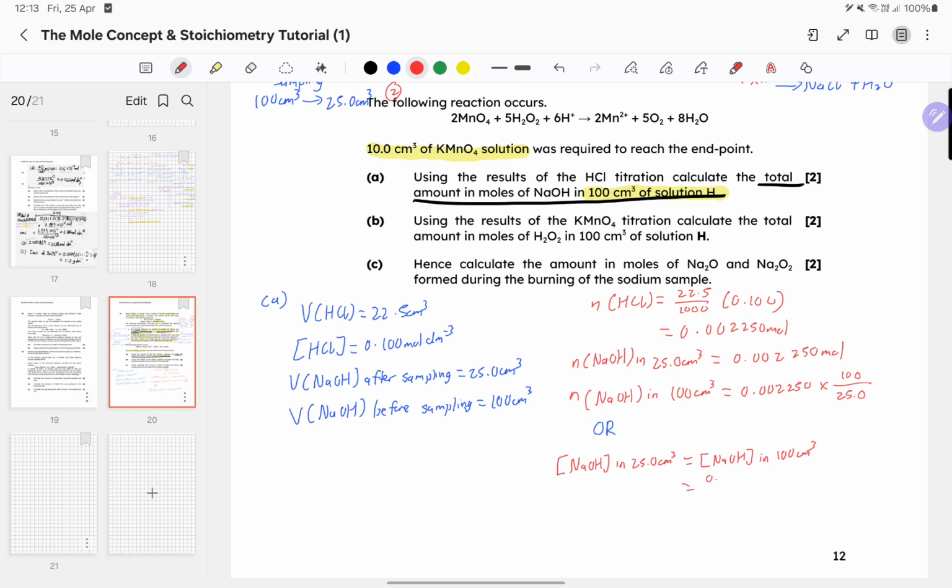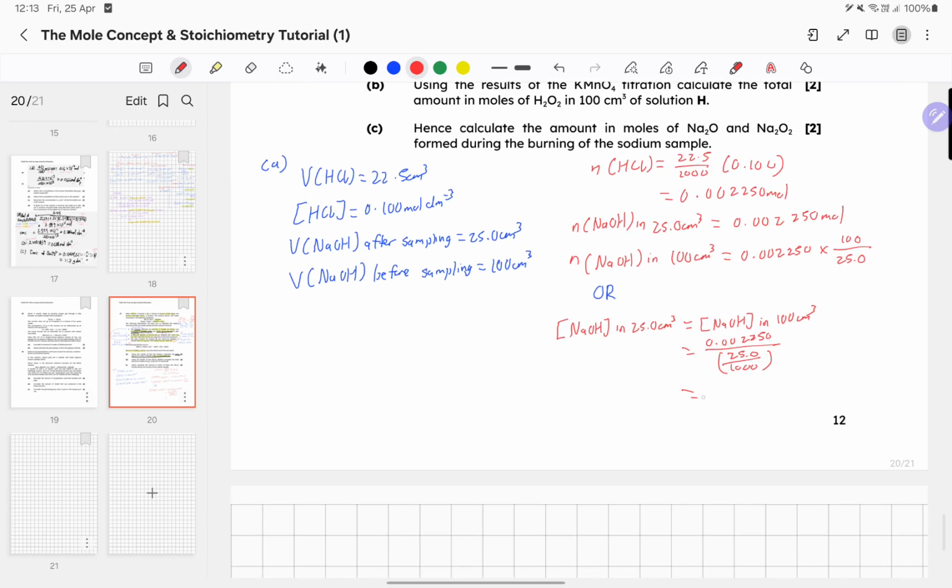So you take this divided by 25.0 over 1000. And this gives you 0.0900 mole per dm cube.